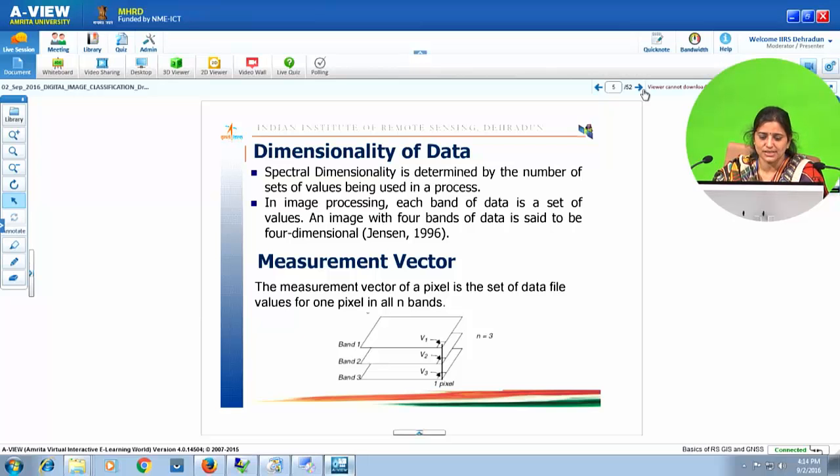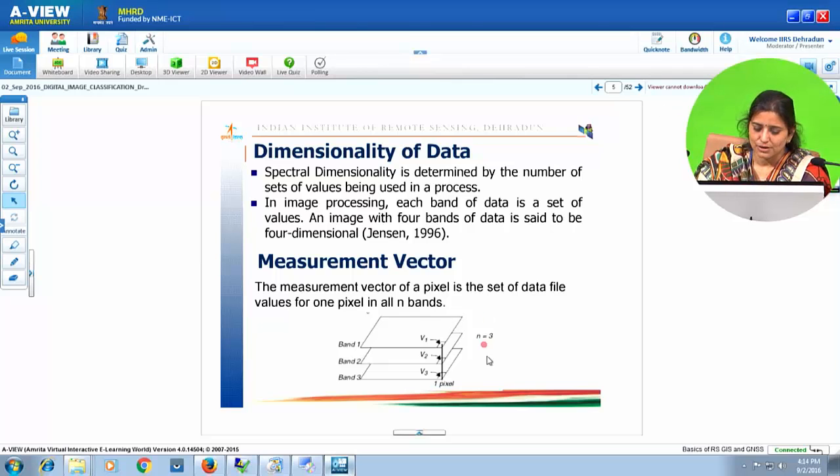In image processing, each band of data is a set of values. An image with 4 bands of data is said to be a 4-dimensional image. Then the next term that we will be using is measurement vector. The measurement vector of a pixel is the set of data file values of one pixel in all the n bands.